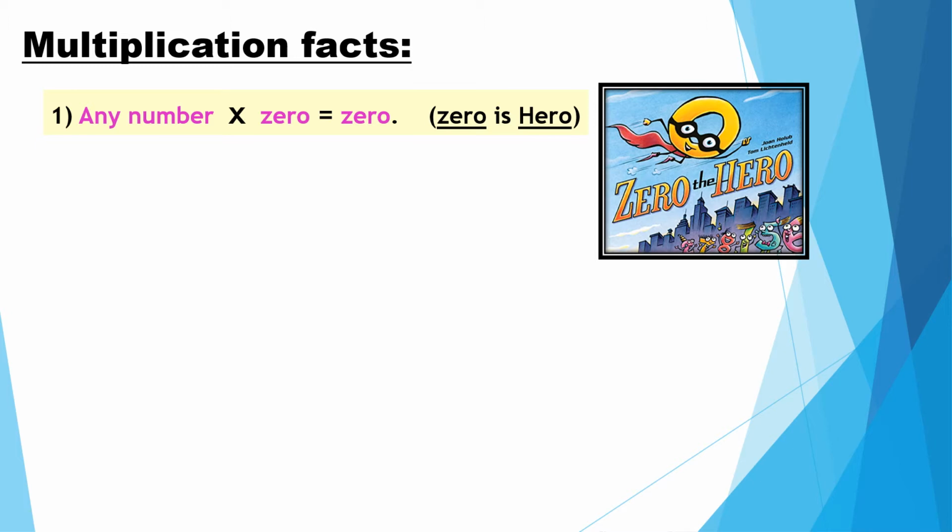And we call 0 a hero. For example, 0 times 2 is 0. 0 times 10, 0. 0 times 500, 0. 0 times 1000, 0. 0 times a million, 0. Any number times 0 equals 0.